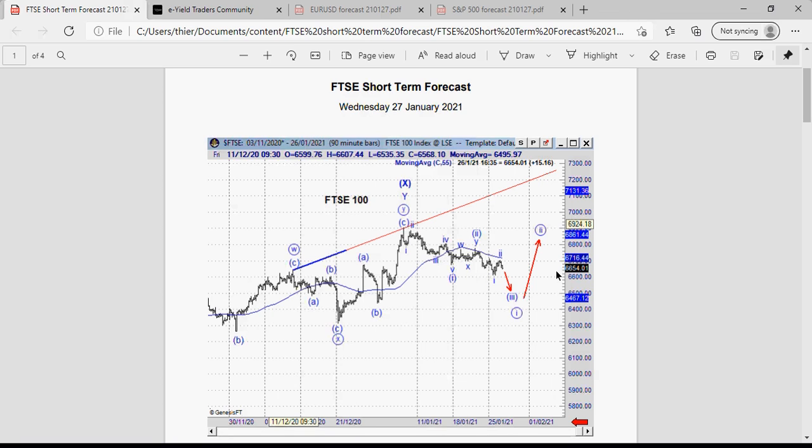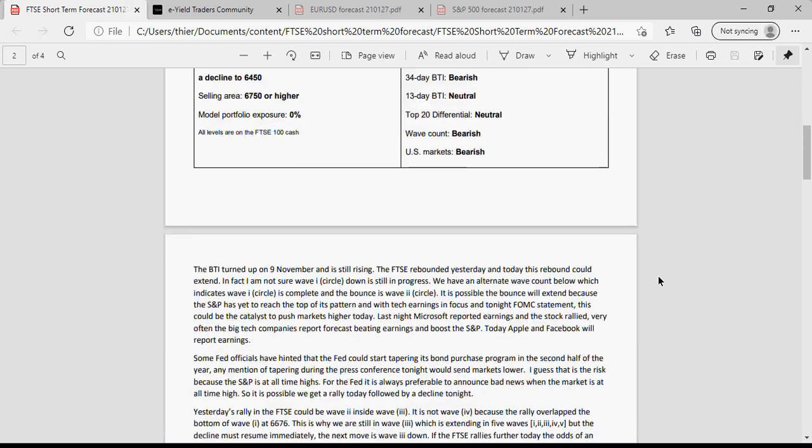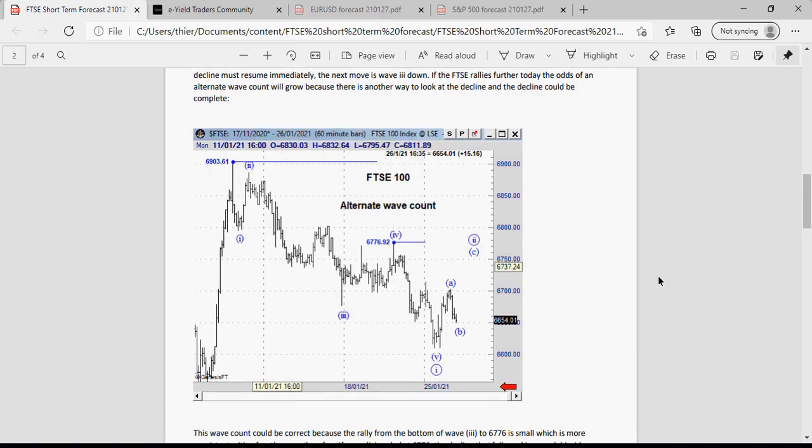I've got two scenarios. Today, there is a potential alternate wave count, and I mentioned it in the report this morning, which is that one. In this alternate wave count, it is possible that wave 1 is already complete, as you can see, and we get a rally for wave 2. That is the second scenario.